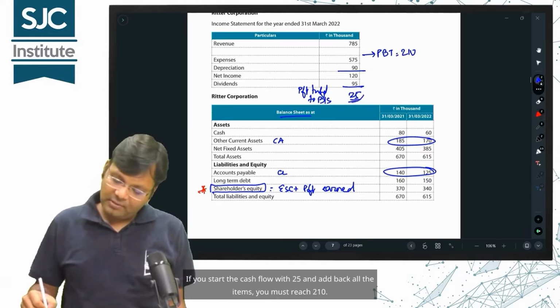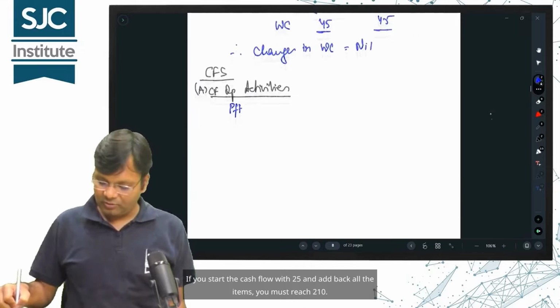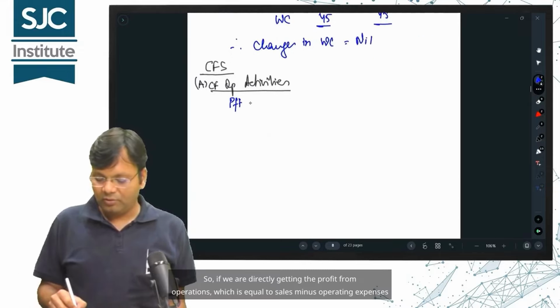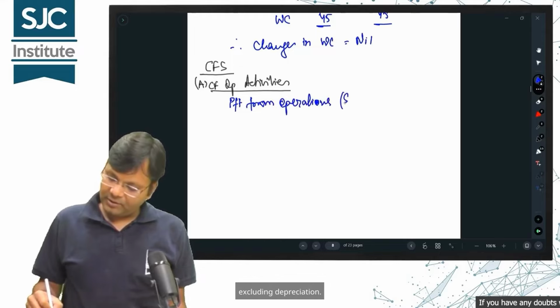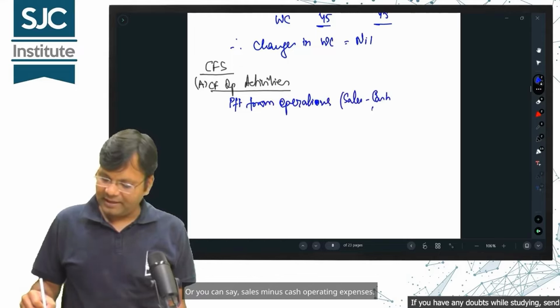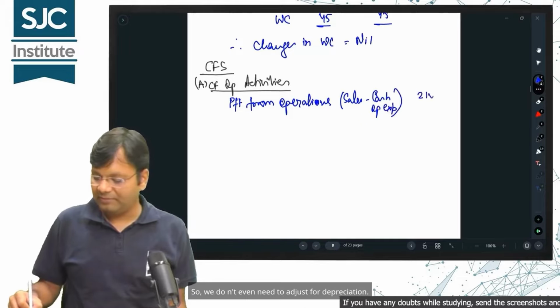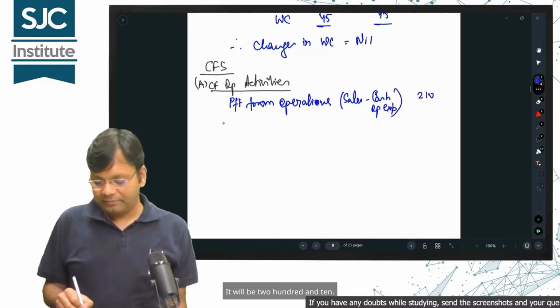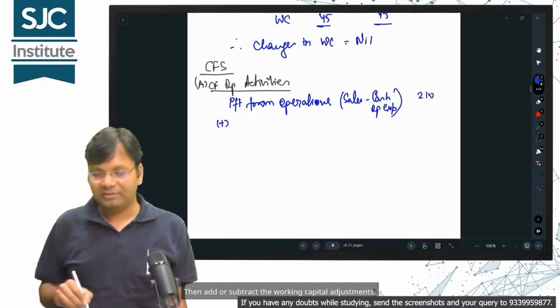If you start the cash flow with 25 and add back all the items, you must reach 10. So, if we are directly getting the profit from operations, which is equal to sales minus operating expenses excluding depreciation, or you can say, sales minus cash operating expenses, we don't even need to adjust for depreciation. It will be 210. Then add or subtract the working capital adjustments.